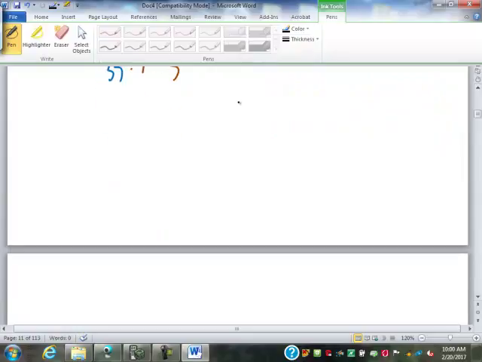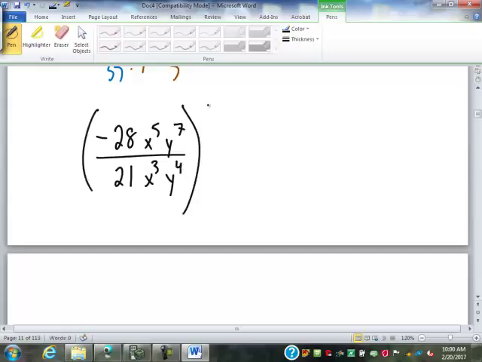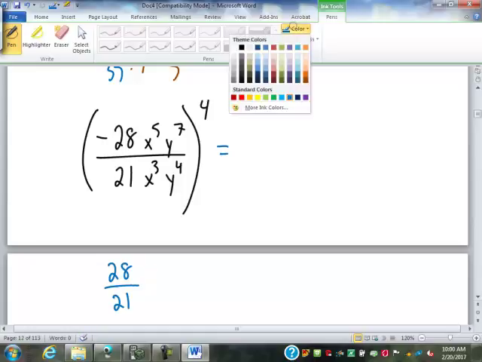One last example for you. Looking at this one, I've got my 28 over 21 that I have to reduce.